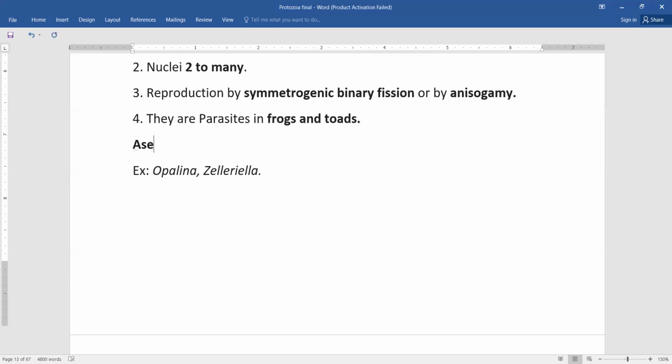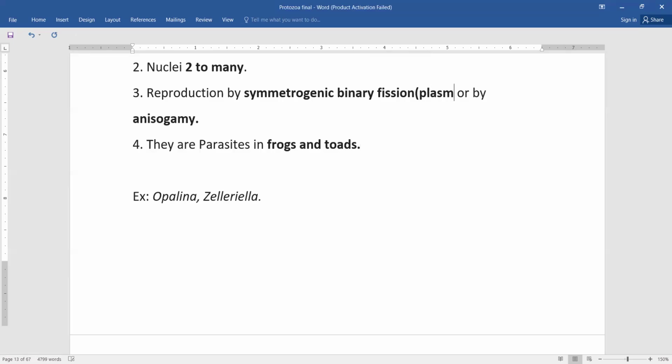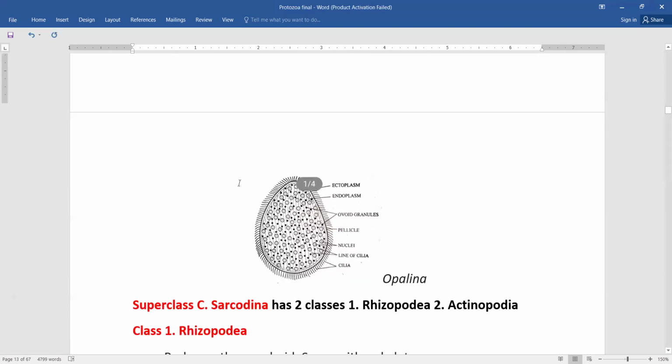It is called plasmotomy. You remember, it will come again in the reproduction. Plasmotomy, I will explain it there in the reproduction. Simple random division takes place like this. That is plasmotomy.